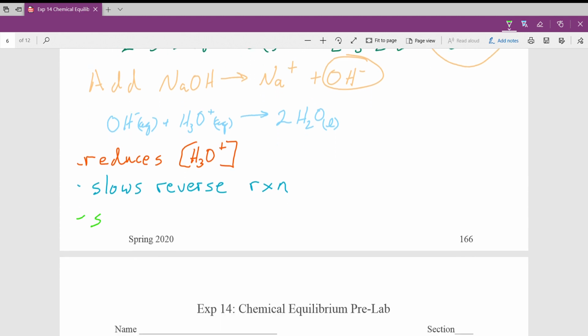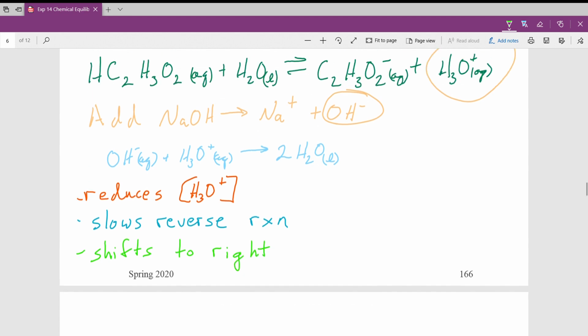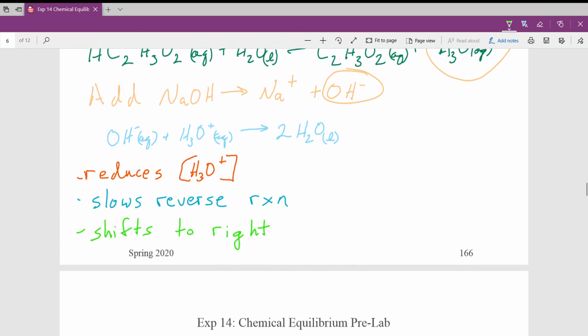And again, this shifts to the right, or forward, or towards products. Okay, again, that's not always going to be the case, but in this case it was.